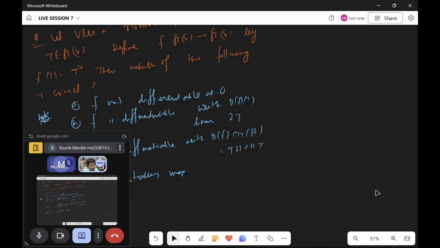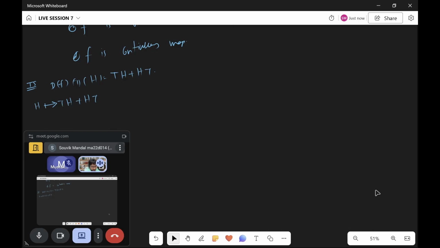Okay, so now the point is that we shall prove that Df(T)(H) should be equal to TH plus HT. For that, first note that H going to TH plus HT is a continuous linear map.